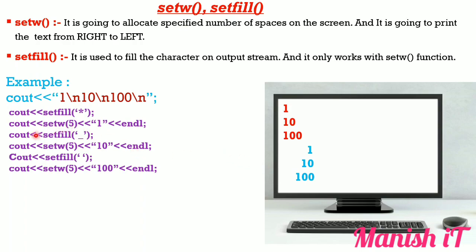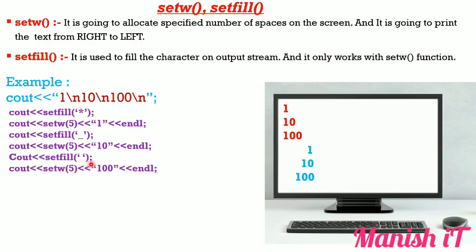Now next is cout: setw(5), setfill and underscore. After execution, similarly, and here I have used a blank space. Simply, inside single quotation marks we have used a blank space, that is white space.